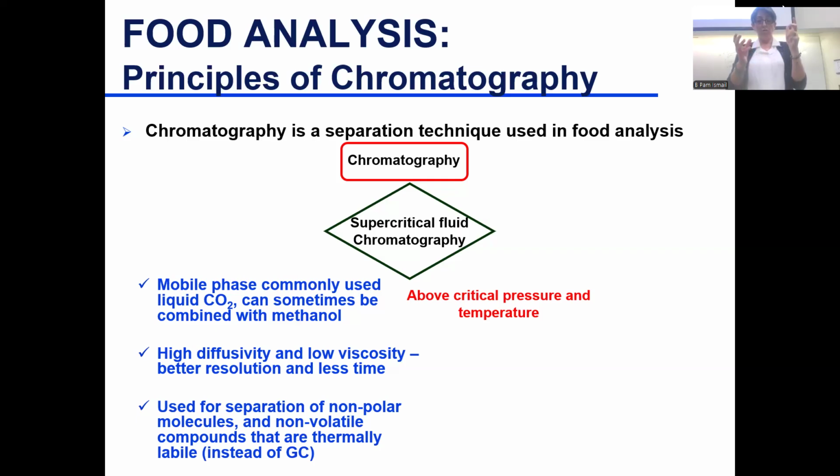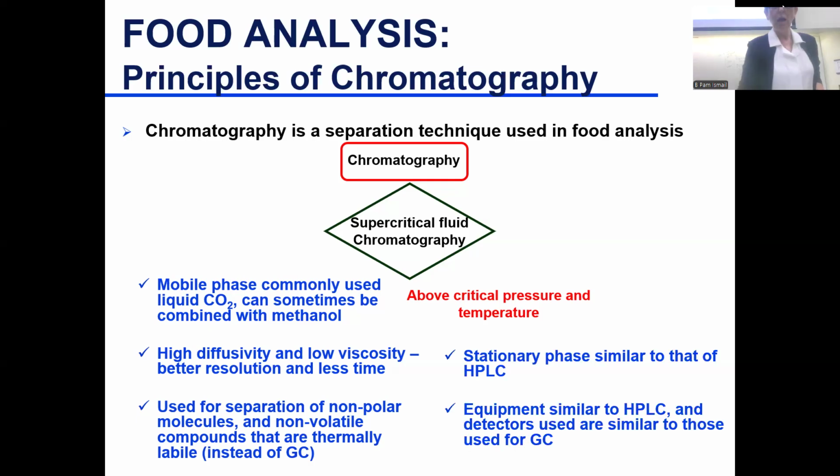Sometimes we add methanol to liquid CO2 to have a diversity in the different compounds that we can separate. So if compounds are a little bit polar, not completely nonpolar, adding a polar organic solvent like methanol will help. So sometimes you just run it with CO2, sometimes you mix with methanol, depending on the components.